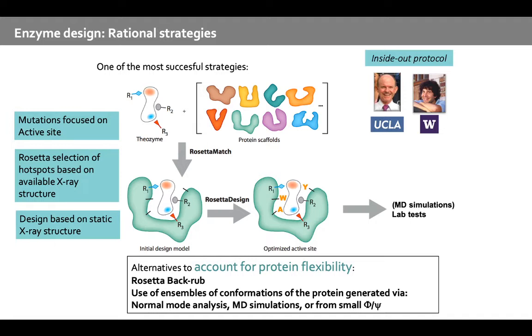From this original approach, of course, some improvements and some alternatives have been proposed. For example, to improve the point that it is a static design, so to make it a little bit more dynamic, the Rosetta backrub by Tanja Kortemme was introduced, and in this backrub move, basically the phi and the psi angles of the backbone on the designable part of the enzyme will be a little bit distorted to have a little bit of flexibility.